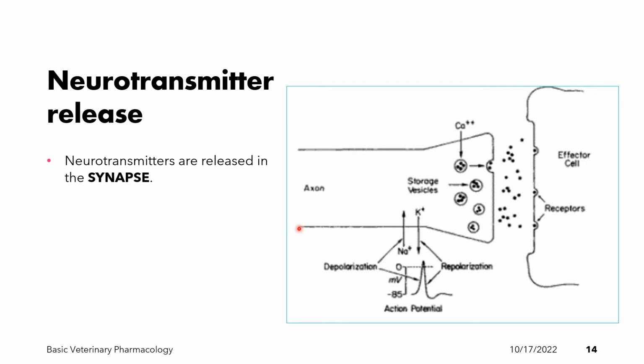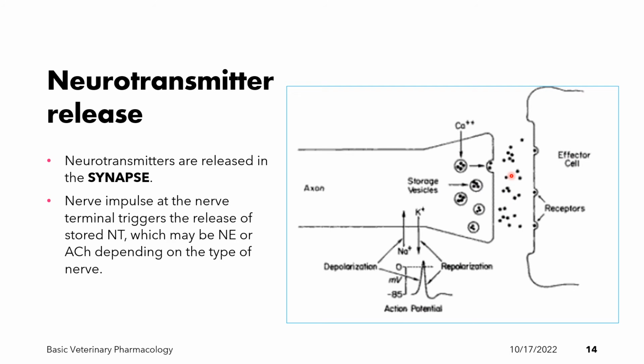The neurotransmitters are released in the synapse, as shown in the figure. The nerve impulse at the nerve terminal triggers the release of the stored neurotransmitter, which may be NE or ACh depending on the type of nerve. The storage vesicles could contain, for example, norepinephrine or acetylcholine, depending on whether it is a cholinergic or adrenergic nerve.